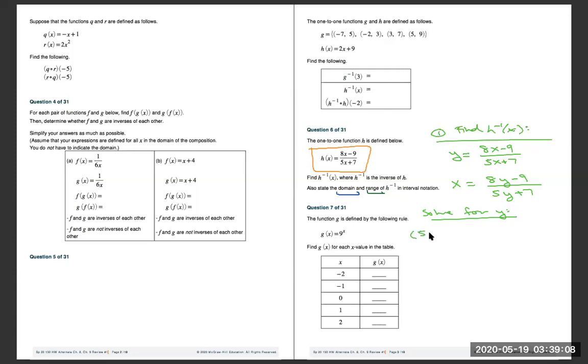Multiply both sides by 5y plus 7, the quantity. Distribute out. Combine your y terms on one side and your terms without y on the other side.